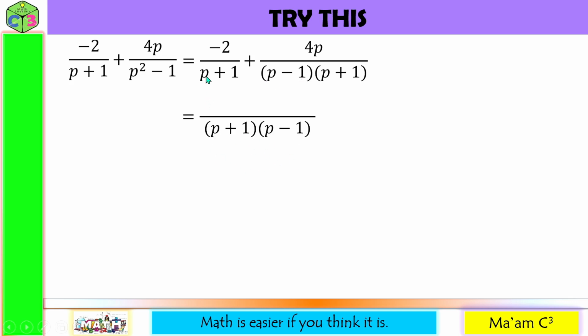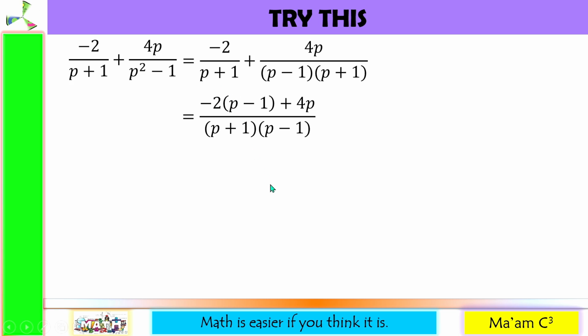LCD divided by the first denominator, p plus 1 times p minus 1 divided by p plus 1, will give me p minus 1. Multiplied with negative 2 is negative 2 times quantity p minus 1. And then the LCD divided by the second denominator, which is itself, will give me 1 times 4p is equal to 4p. Let's distribute this.